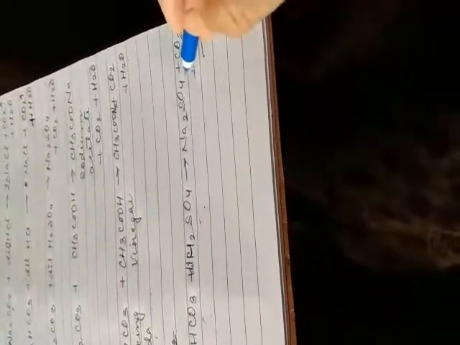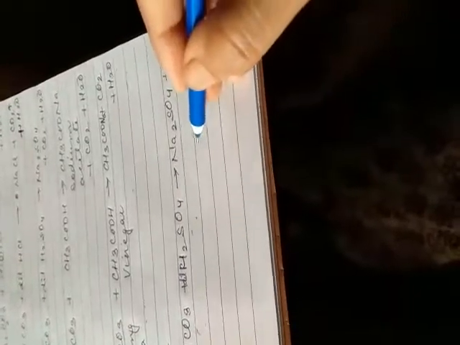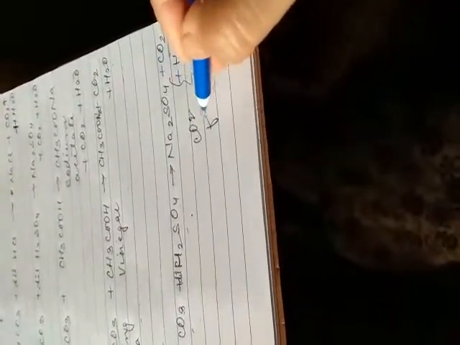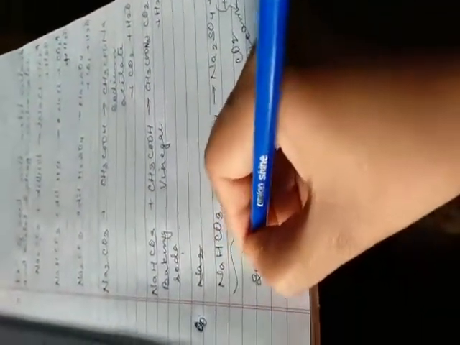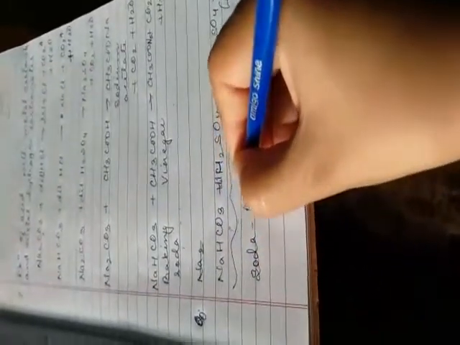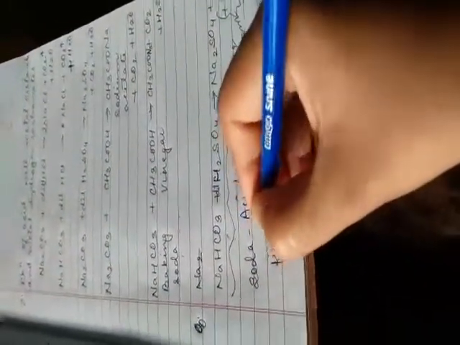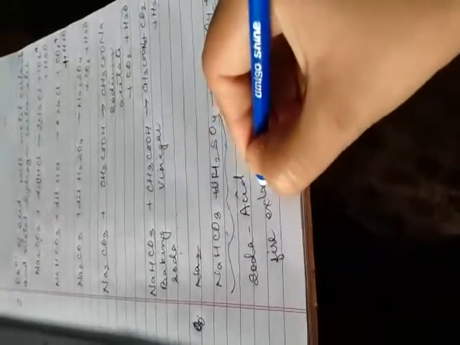CO2 plus H2O is commonly called CO2 foam, carbon dioxide foam, which is used as a fire extinguisher. This is the soda acid fire extinguisher.